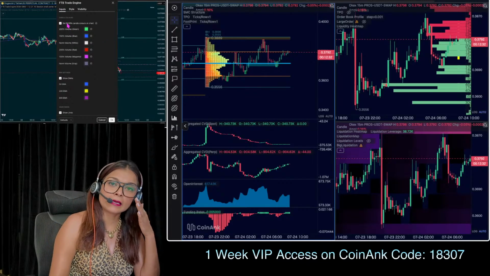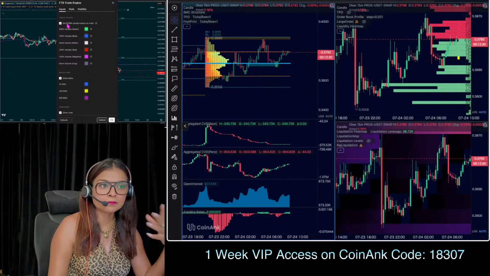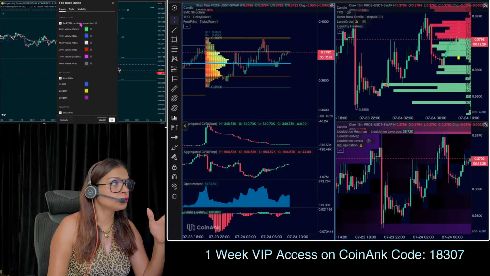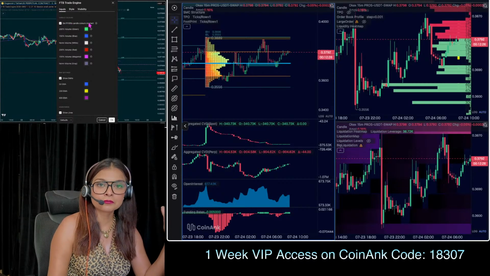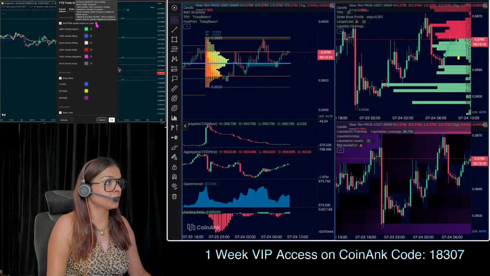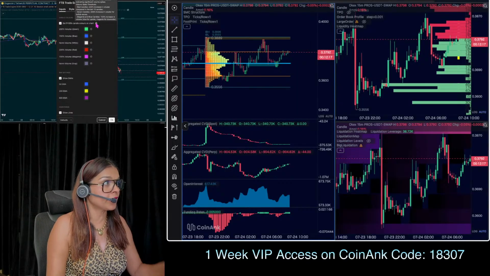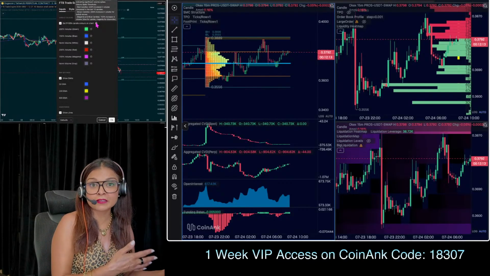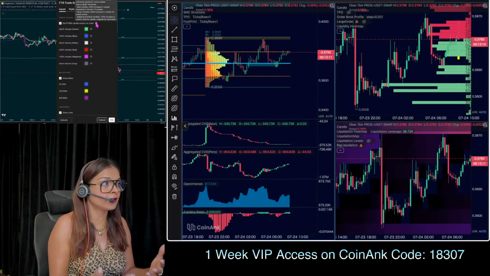Now let's talk about the candles and what the colors mean. They are not your regular green and red candles that you would see in a typical chart. If you put your cursor here, you'll see a great explanation. These are called vector candles on the PVSRA indicator.